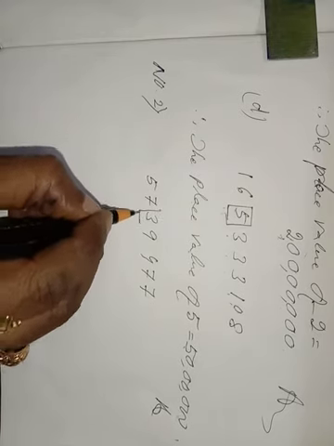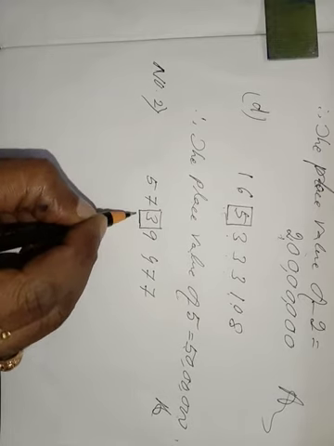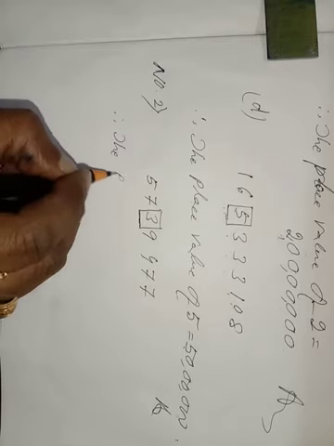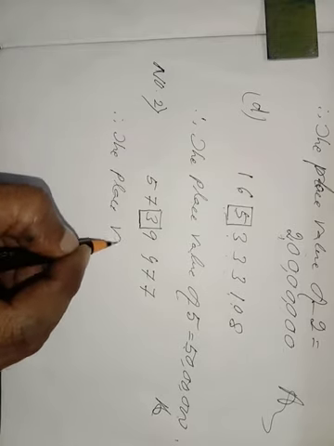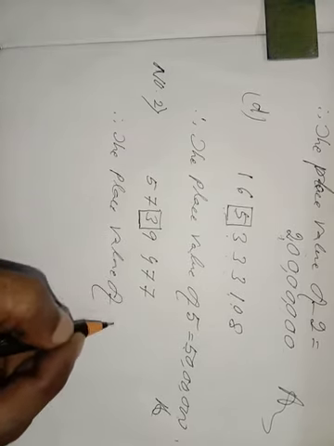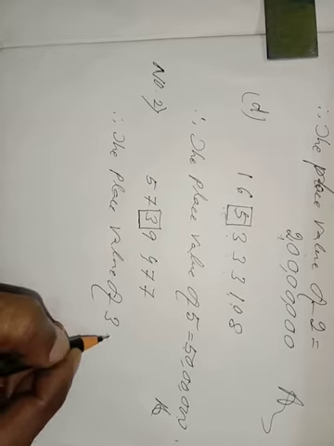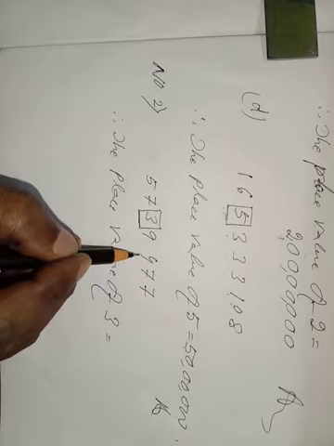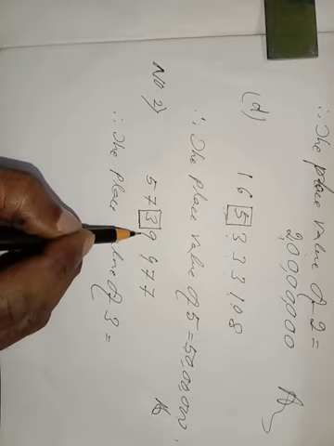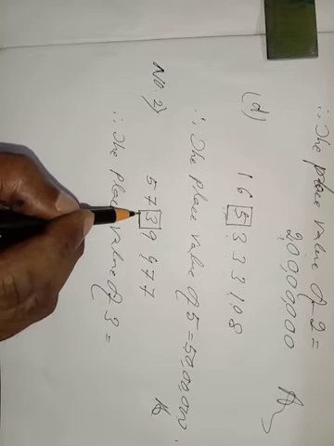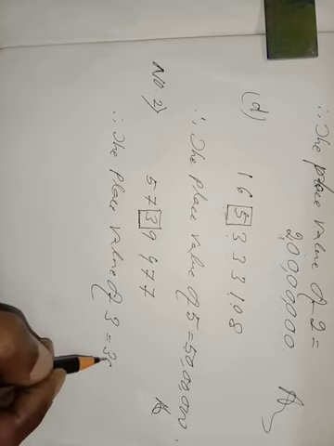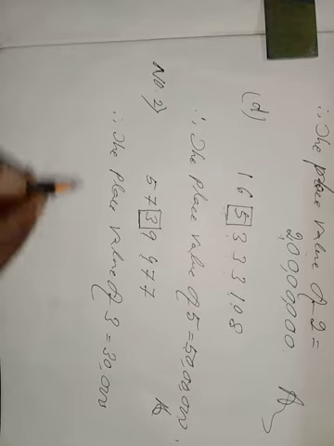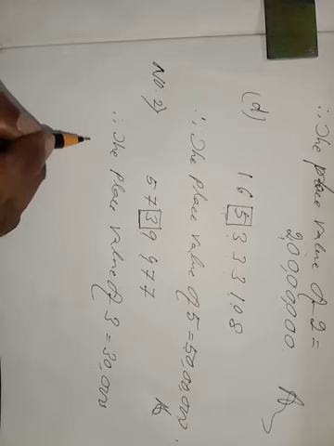See, the place value of 3: where is the position? 1's place, 10's place, 100's place, 1000's place, 10,000's place, so this will be 30,000. You have to write in words, therefore this will be 30,000.